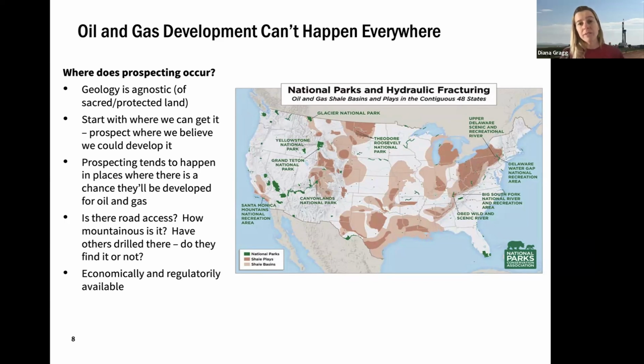Obviously, those would be off limits to oil and gas development. So there's a lot of land that's off limits. There's water areas that are off limits. There's access challenges to some places that might have oil and gas, but it's really hard to get to. So you think about all of those things and think about where we can economically and regulatorily access that oil and gas.